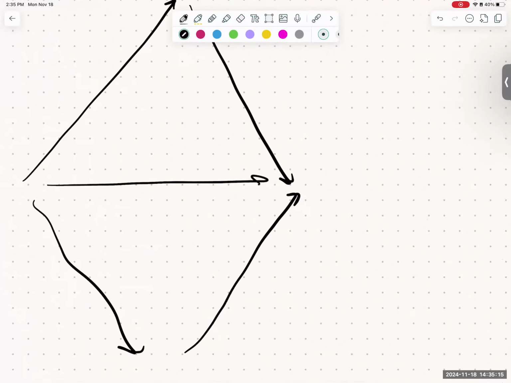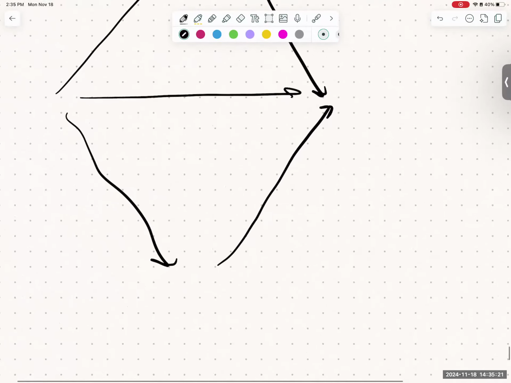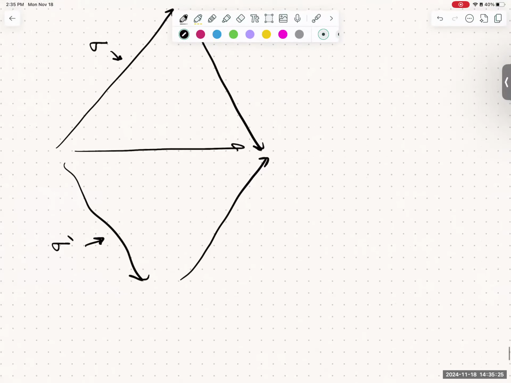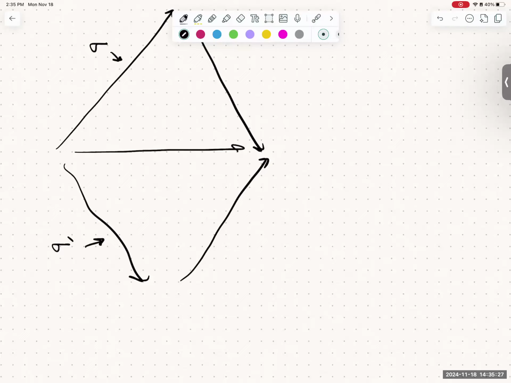Okay, so let's call this sigma. Let's call this sigma prime. So I have two simplices glued along a single edge. So I have P sigma 0, 0, sigma 0, 1, P sigma prime.